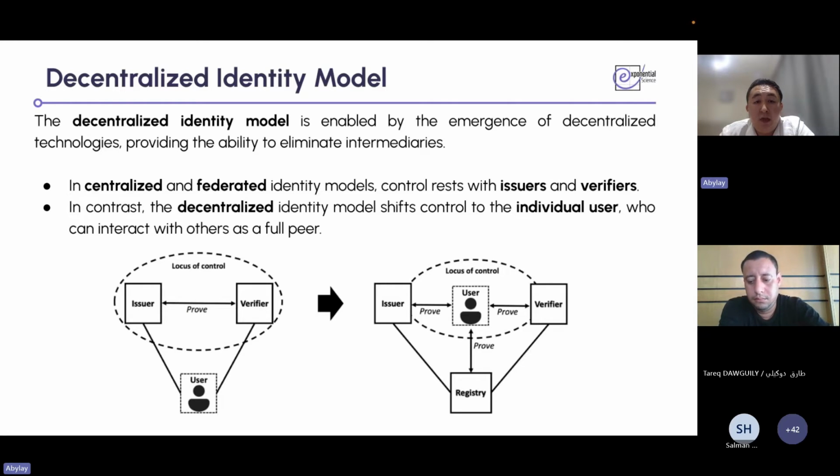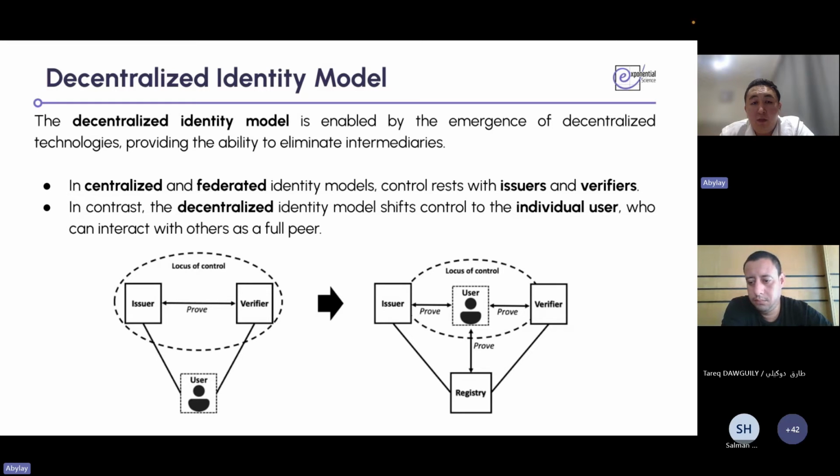Compared to centralized and federated identity models, as you can see from the figure on the left side, control in the previous models was with issuers and verifiers, so users had little control over their data.